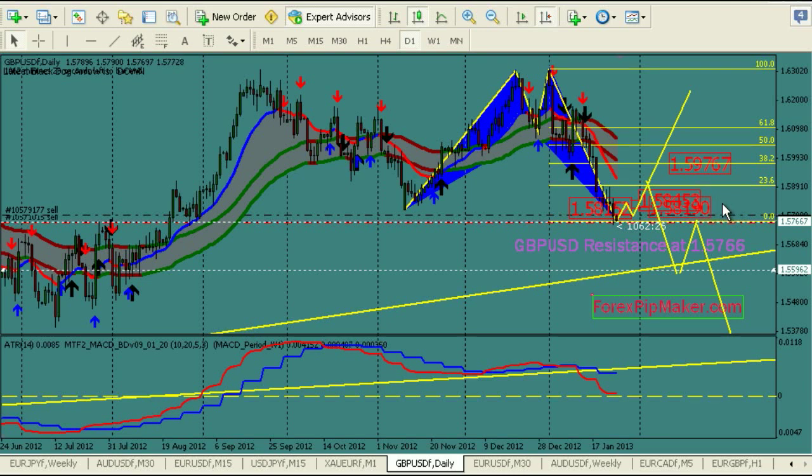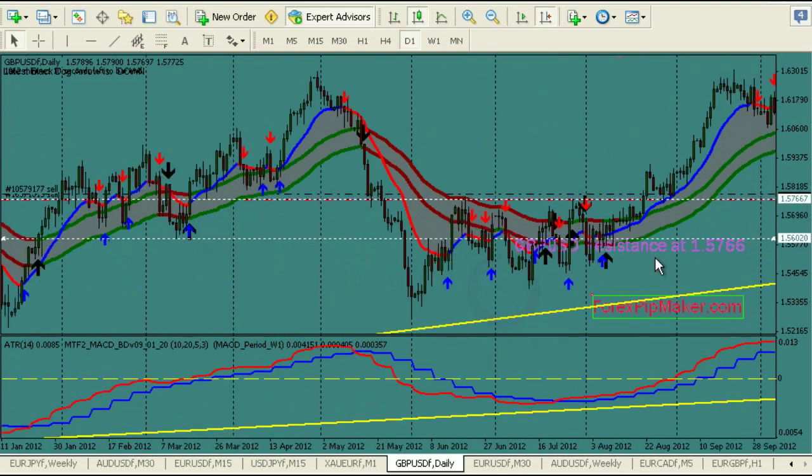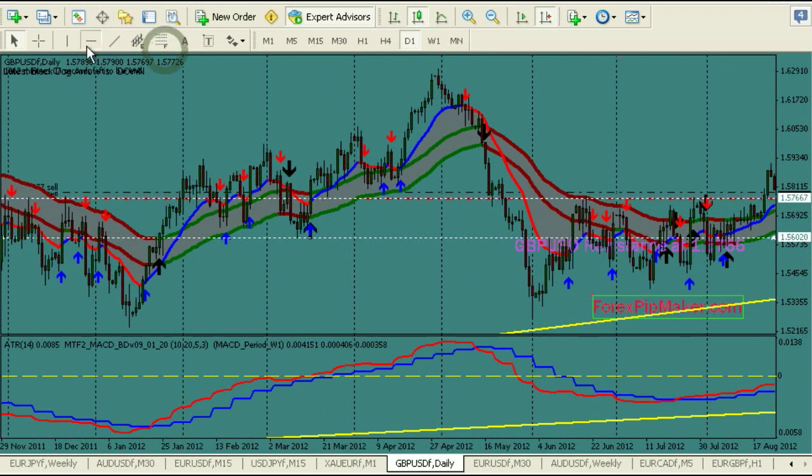If we do not get stopped out, it will most probably go all the way down to the next safety net, which is going to be along the lines of, in this case, this one, 153.68.